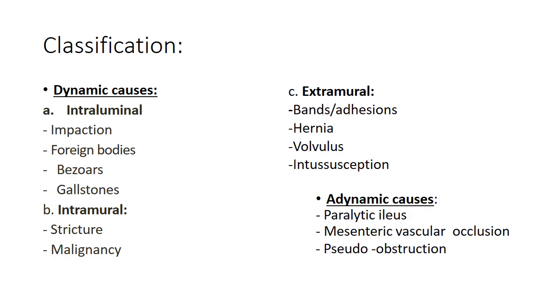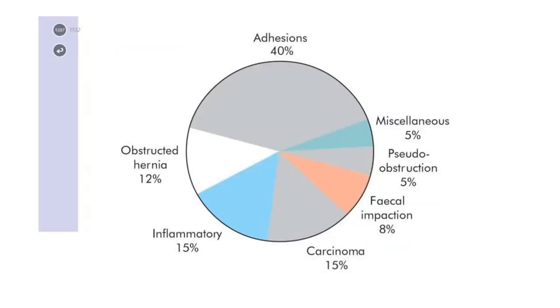Adynamic is a condition in which peristalsis may be absent, mainly in paralytic ileus, or it may be present in a non-propulsive form in case of mesenteric vascular occlusion or pseudo-obstruction. This is the pie chart showing the common causes of dynamic intestinal obstruction and its incidence.